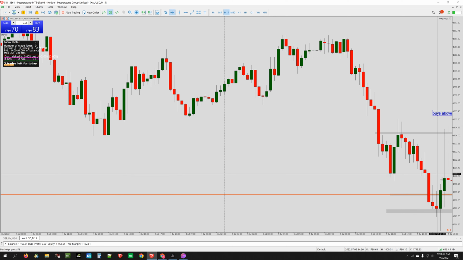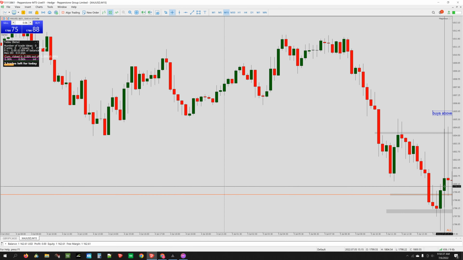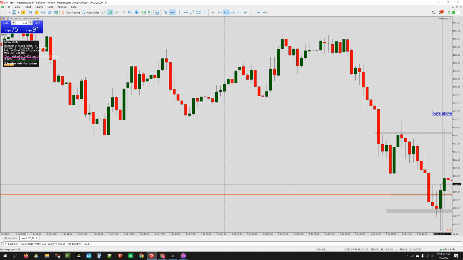But the whole idea is that prices at this candle moved up with so much volume that this 45 pips of move was in the first 5 minutes, I would say, and this candle wick was formed later on.